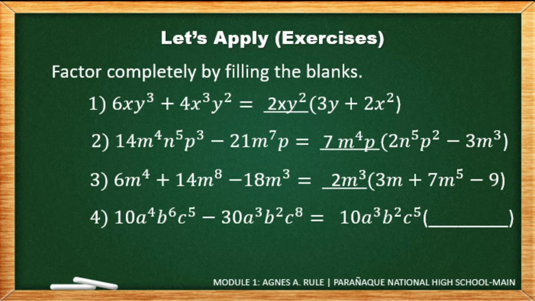Meron tayong a raised to 4, a cubed. Subtract the exponent of a. 4 minus 3, 1. So, therefore, meron na tayong a. b raised to 6, b squared. The exponent, 6 and 2. Subtract. 6 minus 2, 4. So, meron na tayong b to the 4.